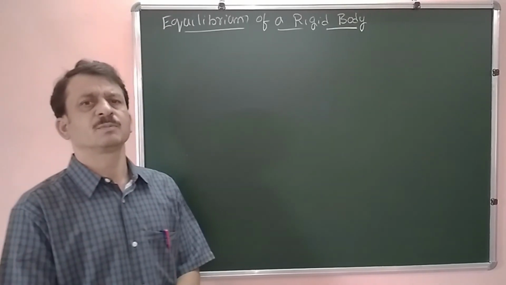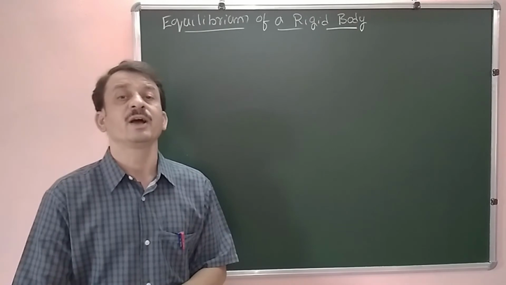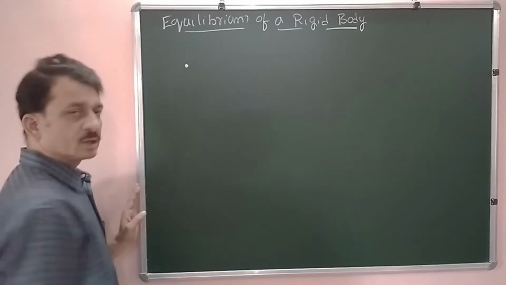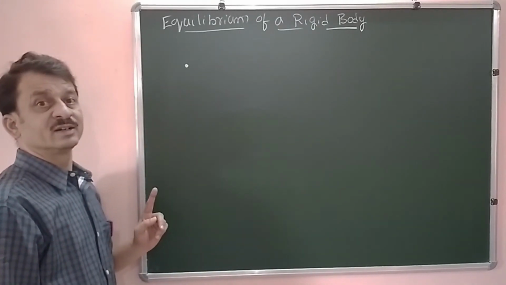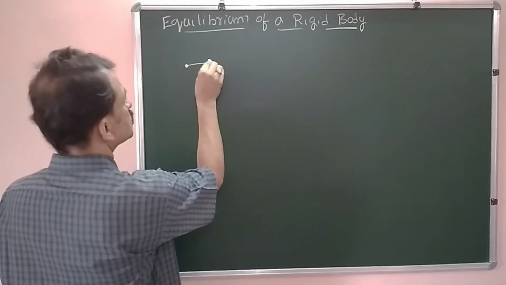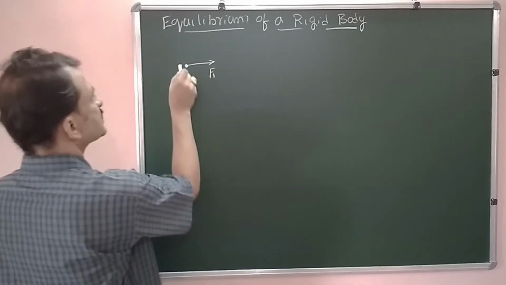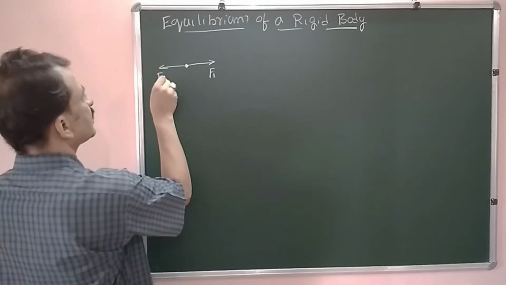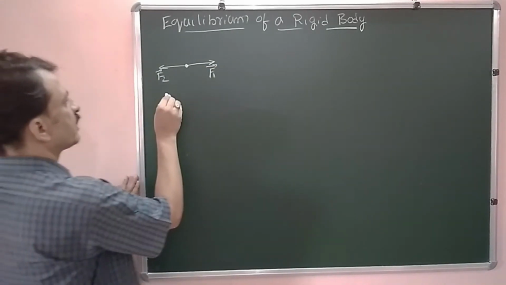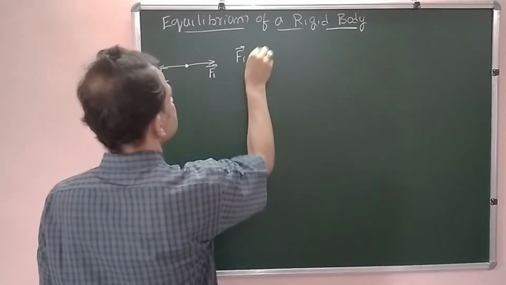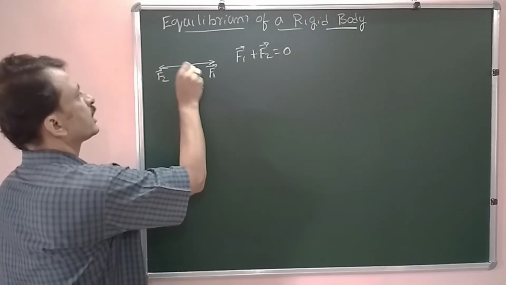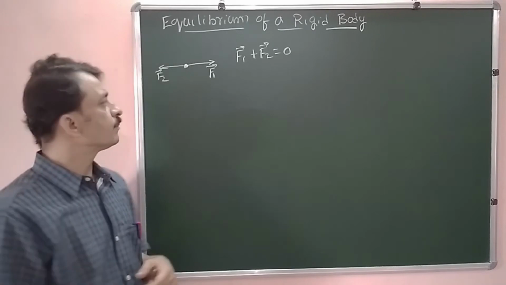In the previous chapters, we studied equilibrium of a particle. A particle is said to be in equilibrium if the total force acting on it becomes zero, as you have studied. Consider two forces: if force F1 is acting along this direction and force F2 along this direction, and their vector sum F1 plus F2 becomes zero, then this point object is in equilibrium.